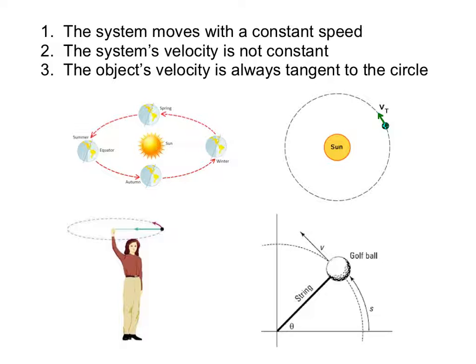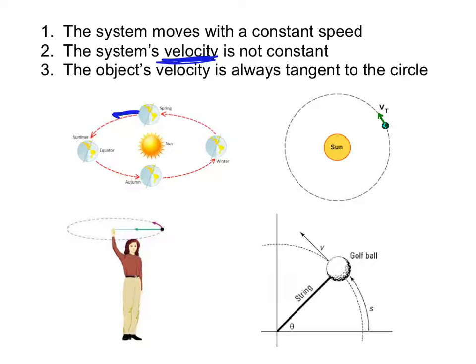The second thing is the system's velocity is not constant. For a second you may think, well, its speed is constant, so how come its velocity is not constant? You have to remember that velocity is a vector, which means that it has both a magnitude, a number or a value, and it also has a direction. The thing about objects undergoing uniform circular motion is that its velocity changes.